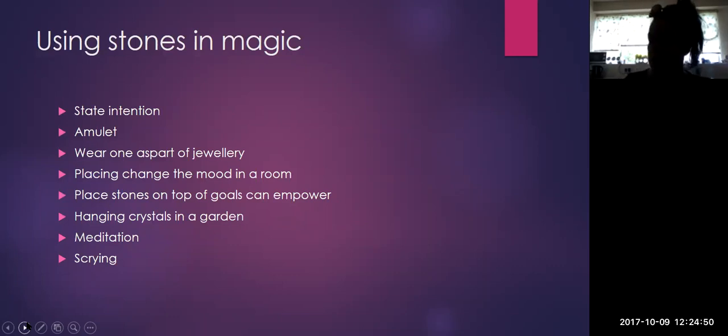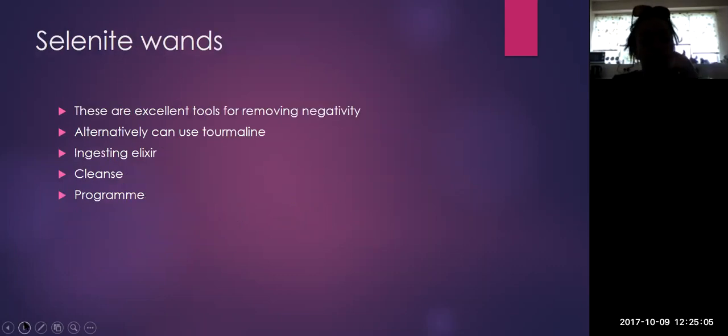I do offer that, of course, if you're interested. Meditate, and you can put crystals in the garden and stuff like that. It's pretty basic, using stones in magic, as you would have done in the crystal classes. If not, please do just cleanse, program, set intention, and make the crystal speak to you, feel drawn to it.